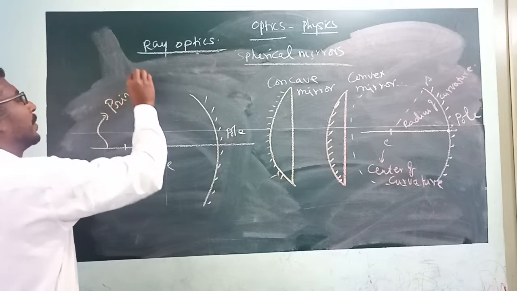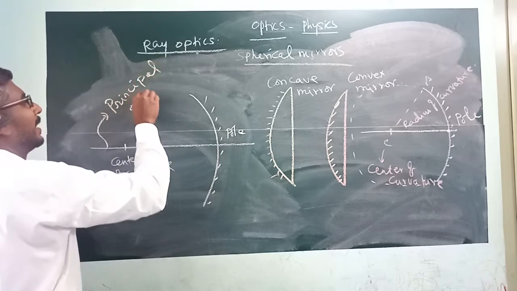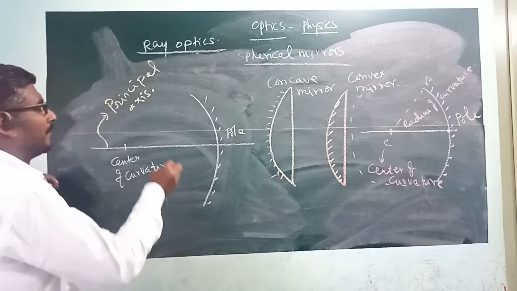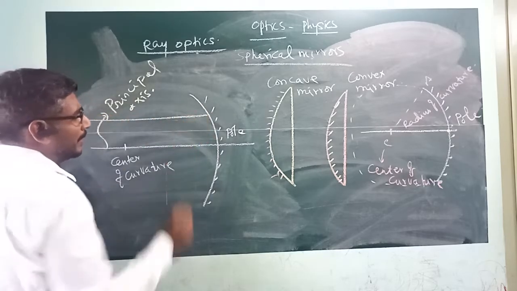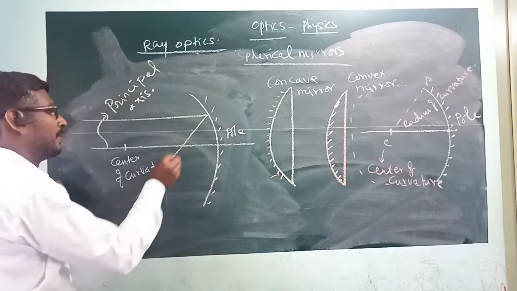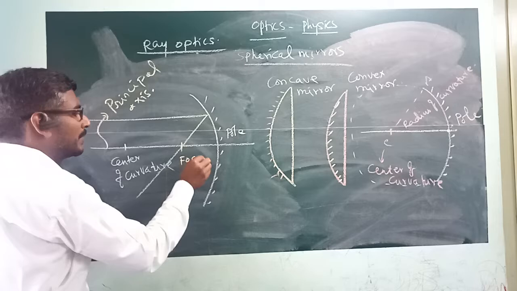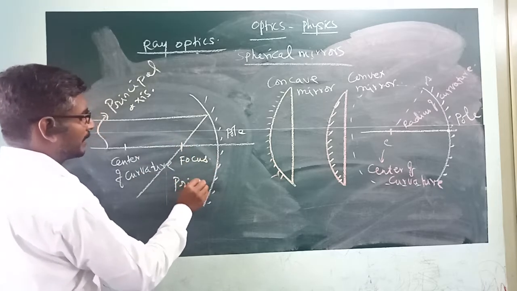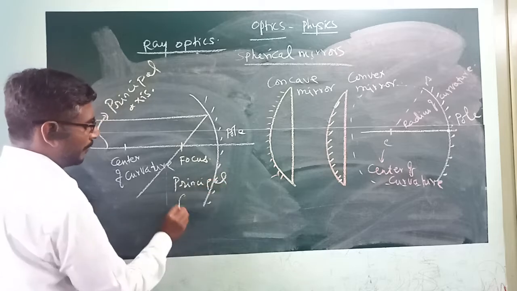Any light ray which is passing parallel to the principal axis will get reflected through the focus. You call this point the principal focus.